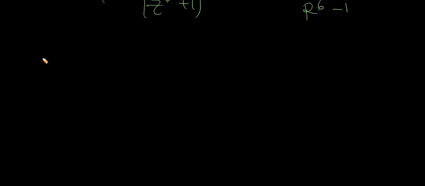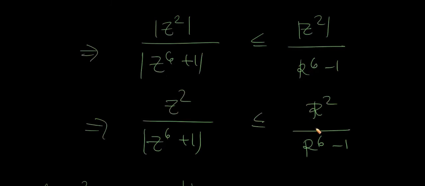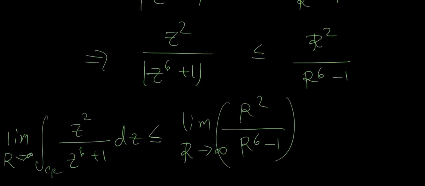So this integration of z squared over z to the power 6 plus 1 dz on CR, and obviously this limit, r goes to infinity, this boils down to the fact that we have to take a limit, r goes to infinity, and instead of the function you have to now write r squared over r to the power 6 minus 1, and then there is this pi r that is coming from the length of the semicircle.